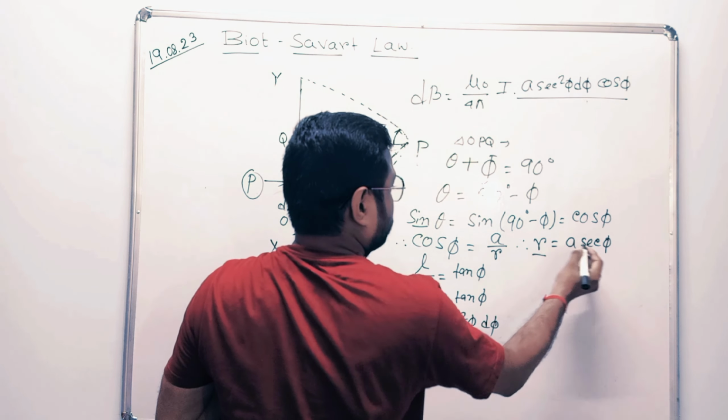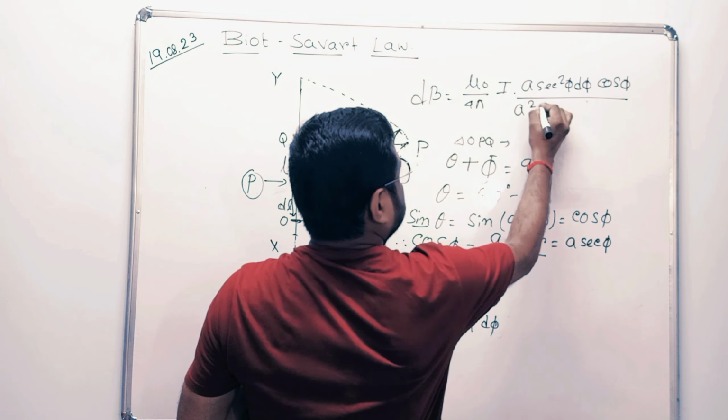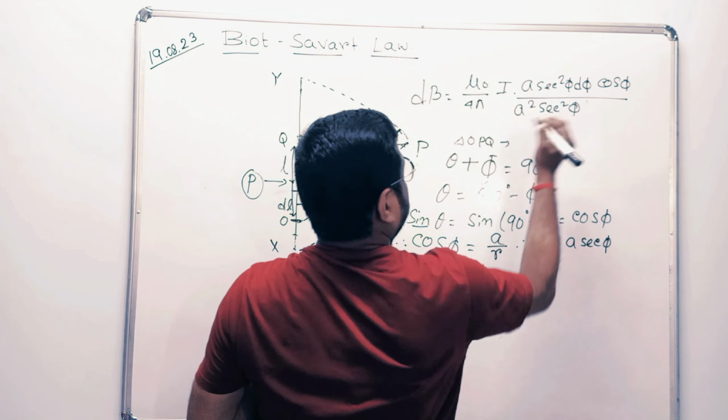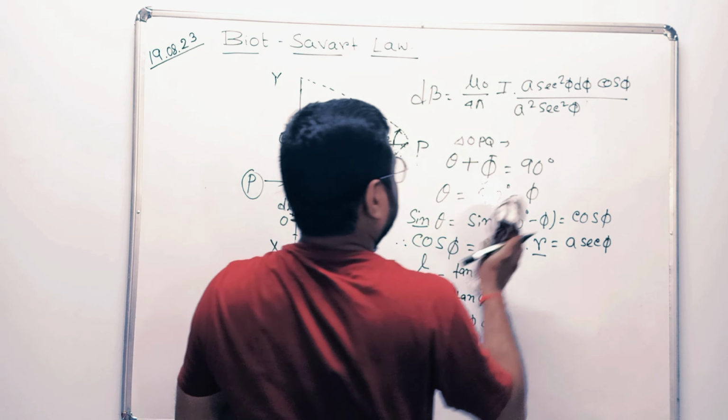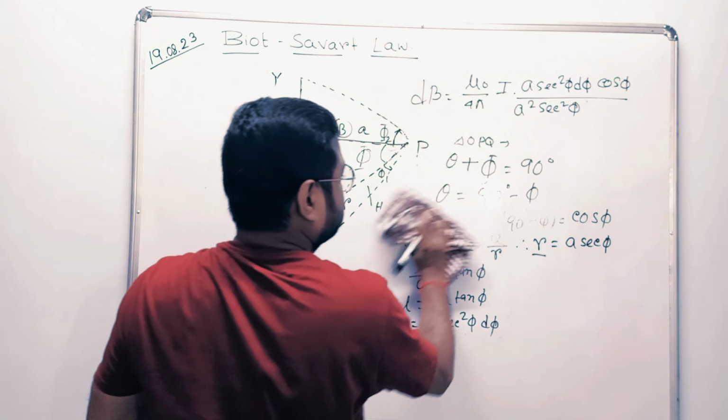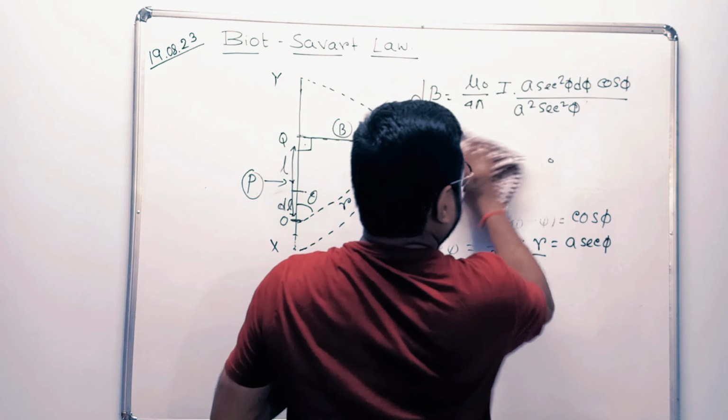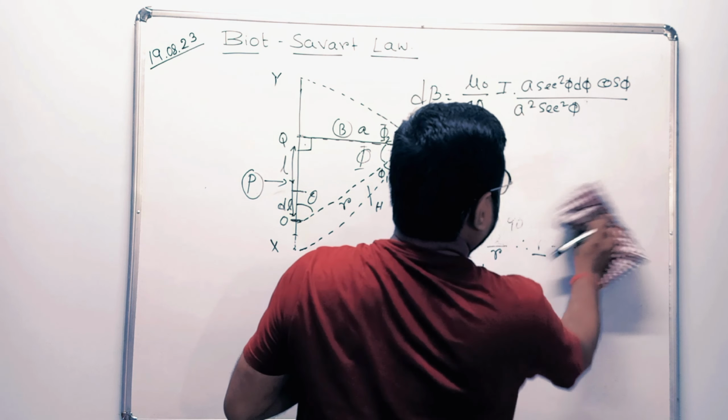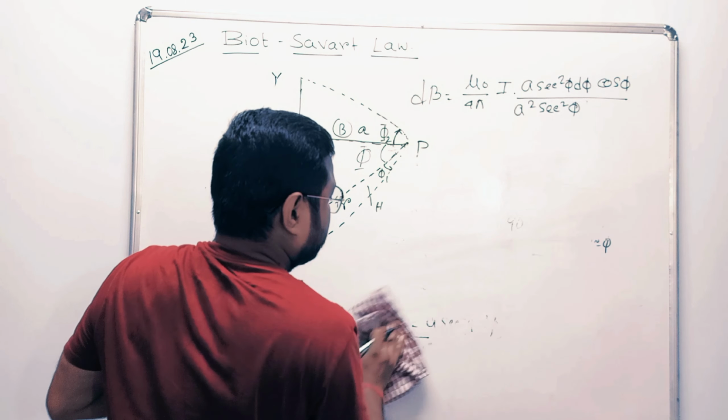What is r square? It is A square sec square phi. So this is the value of dB. Now we can find out the value of the total magnetic field.